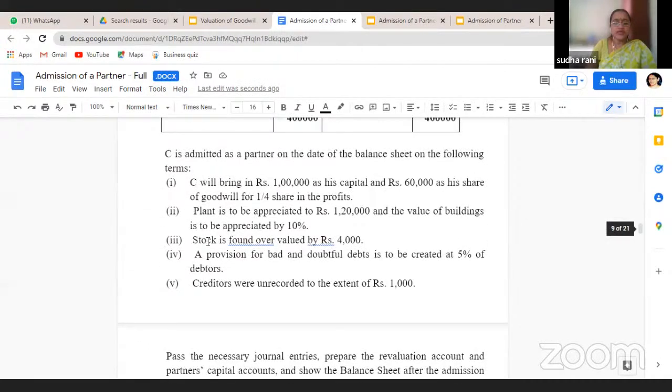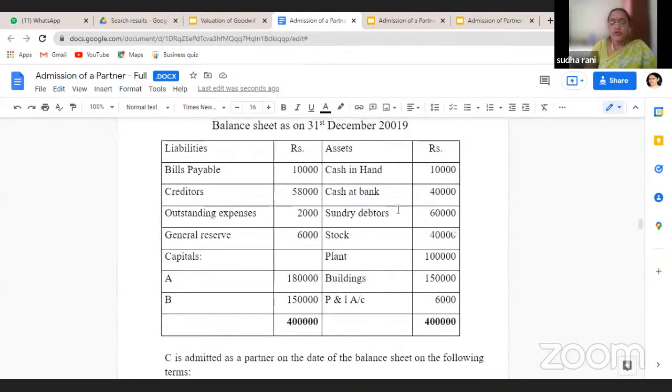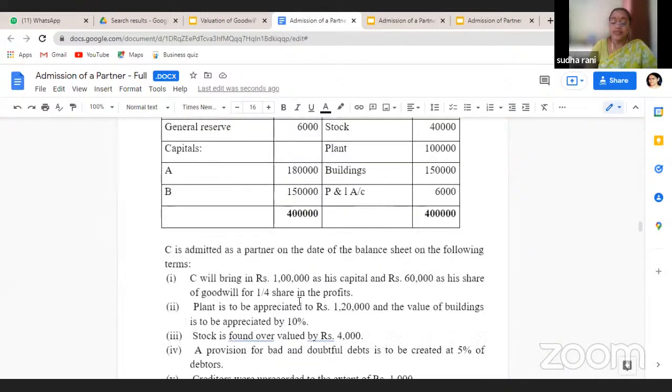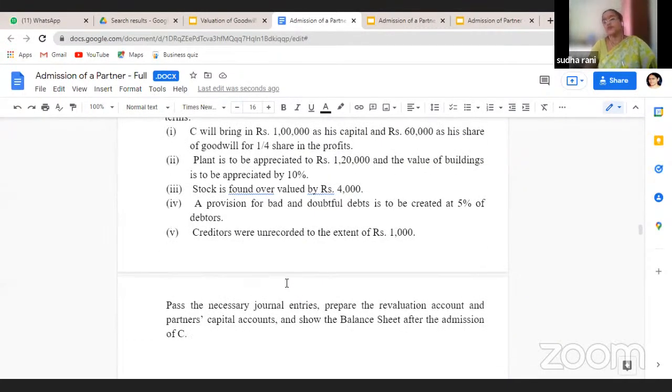The next one is provision for bad and doubtful debts to be created at 5% on debtors. What is the debtors amount? 60,000. Upon this, he's asking you to provide provision. Provision for bad and doubtful means your expected loss on the debtors. That means your debtors are going to decrease by 5%.